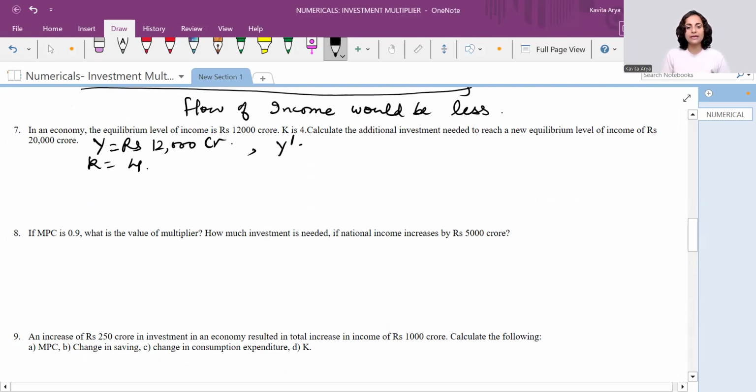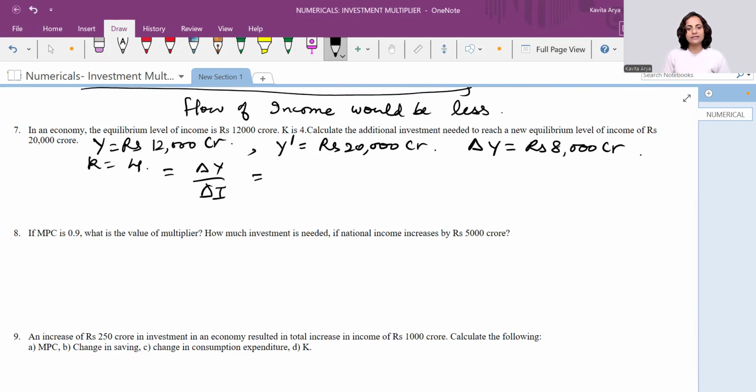The final income required is 20,000 crore. So the change in income required is 20,000 minus 12,000, that is rupees 8,000 crores. Now, we know K is equal to 4 and that's equal to delta Y by delta I. So, what would it be?